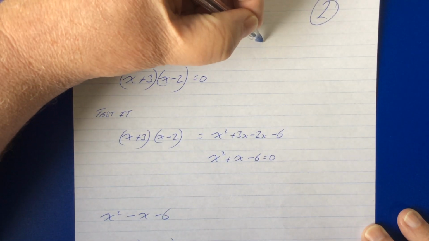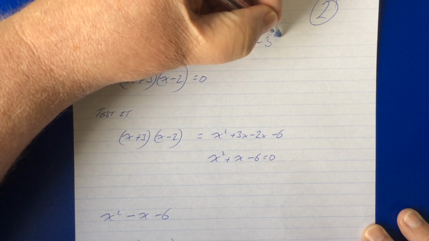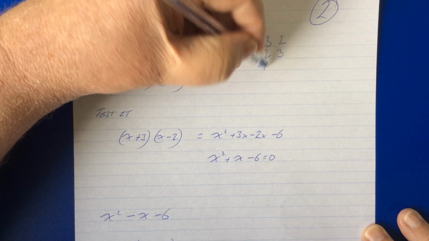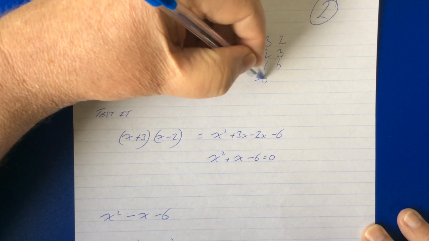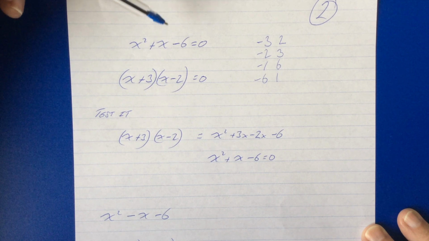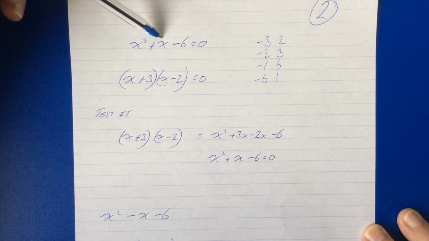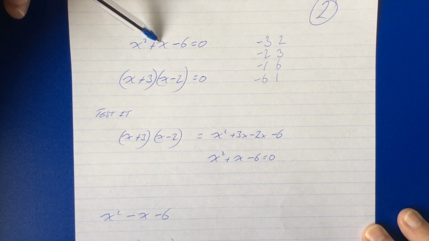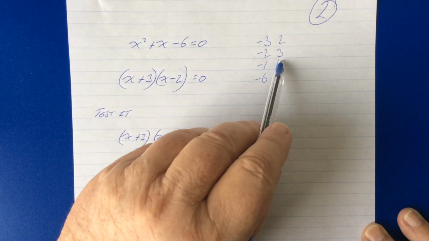So we might have negative 3, 2, negative 2, 3, negative 1, 6, negative 6, 1. It might be one of those. What we want those factors to add up to is positive 1. So multiply to negative 6, add to positive 1. And there's one set of factors that does that.